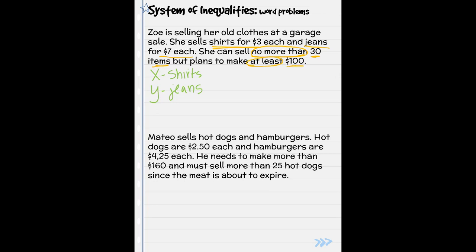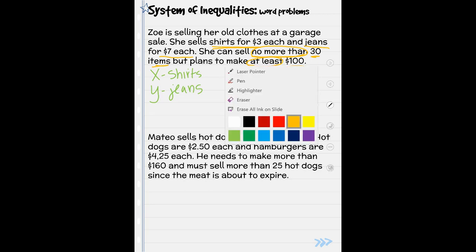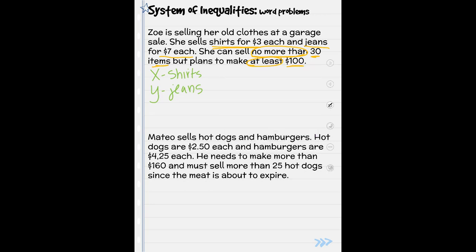So we've got an X and a Y. We have a quantity, 30 items. So remember, that's going to be our item plus item, and we can get 30 items. We want to know the quantity of each. And it says no more.